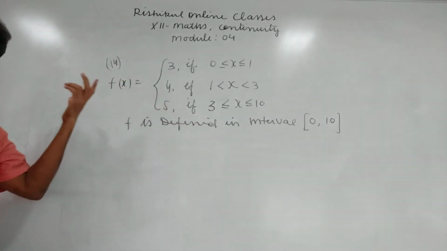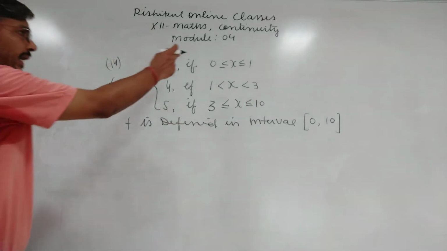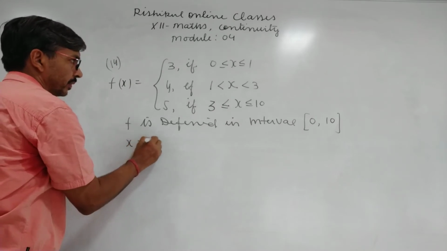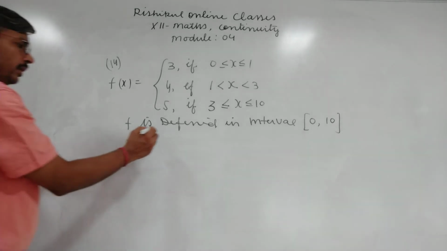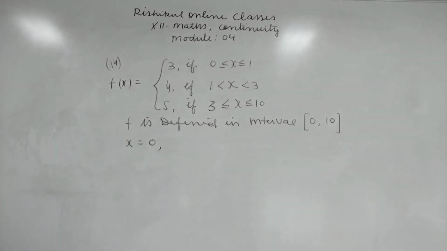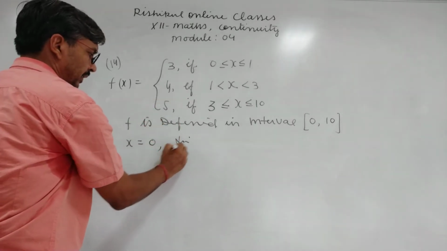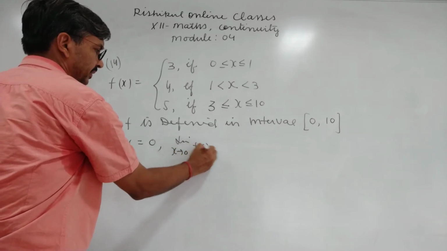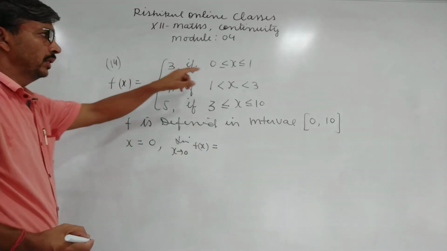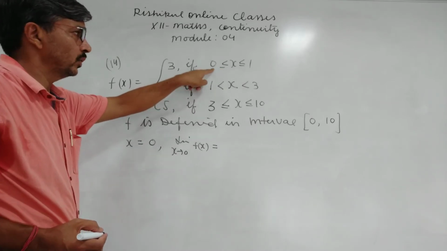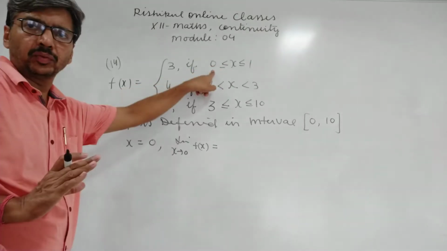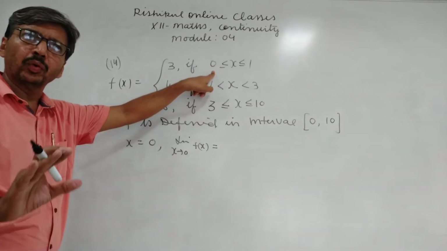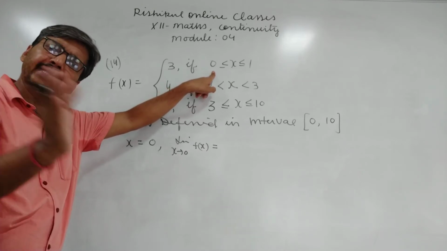So first of all, we will take point x equal to 0. Limit x tends to 0, f(x). Here x is greater than or equal to 0, and we are checking for x equal to 0 only, not for less than 0.